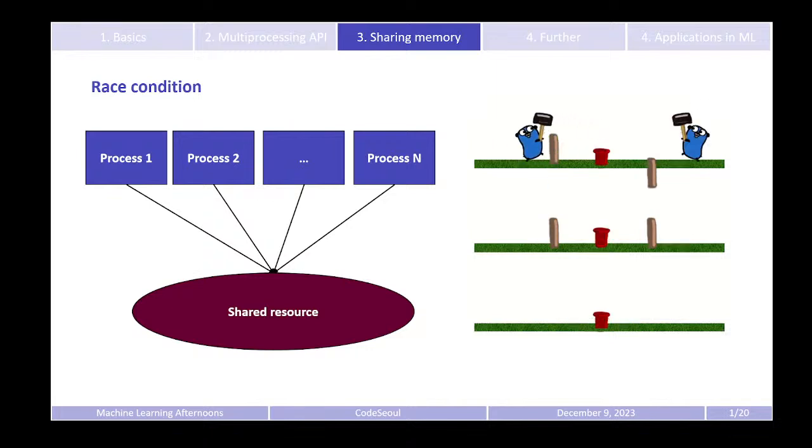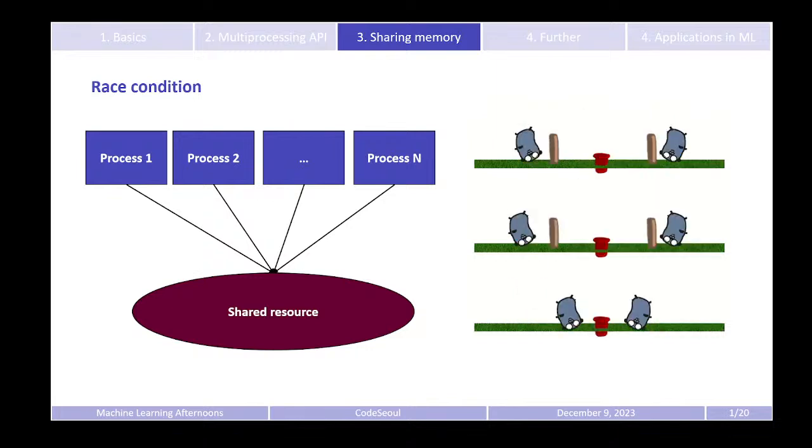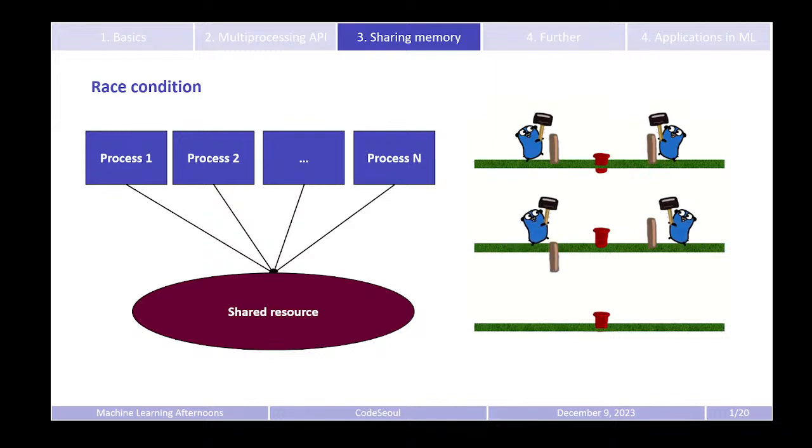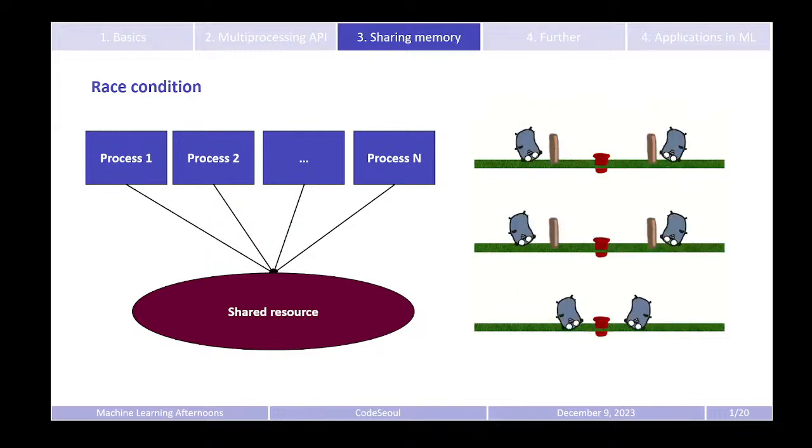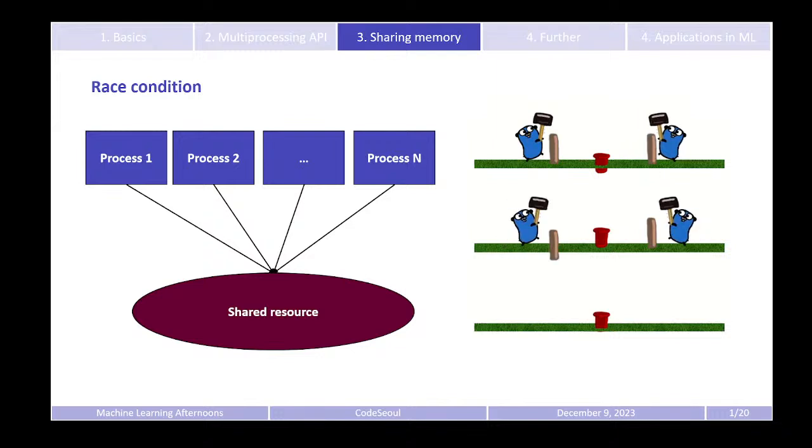And what happens if, at the same time, simultaneously, one process tries to change the object and another process tries to change it as well? There is no direct answer what will happen, because there is unpredictable behavior, and it can be really different from time to time.